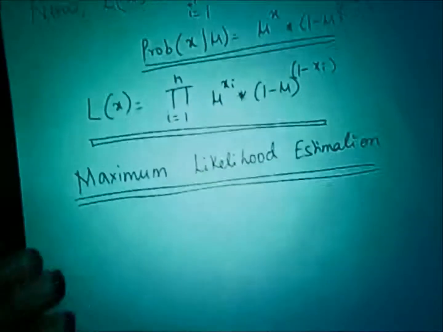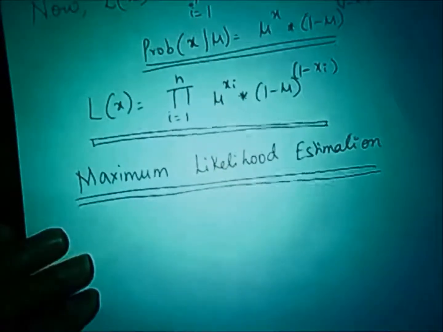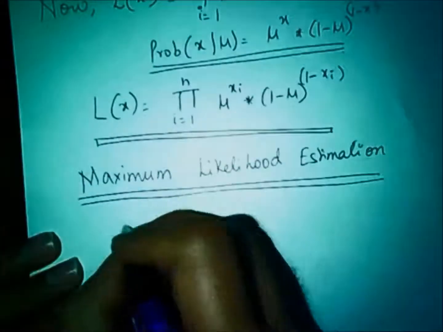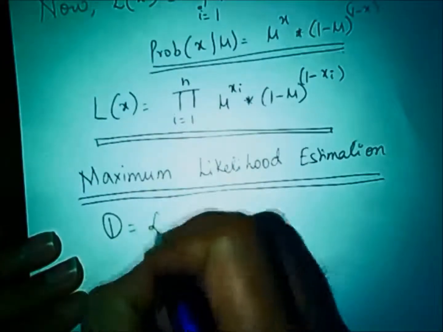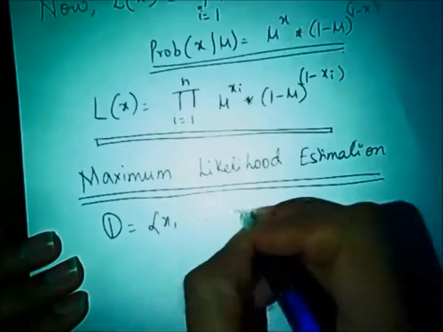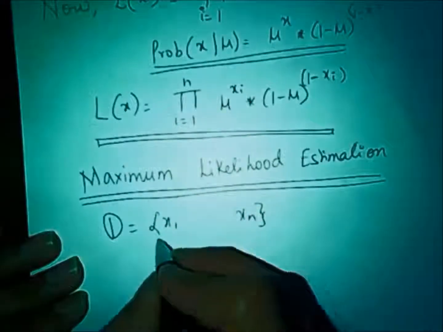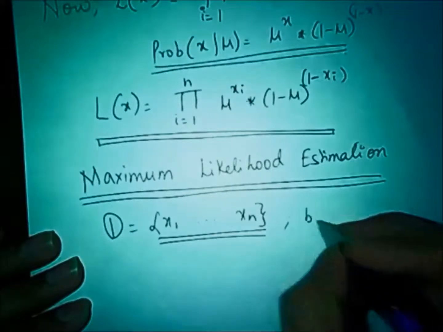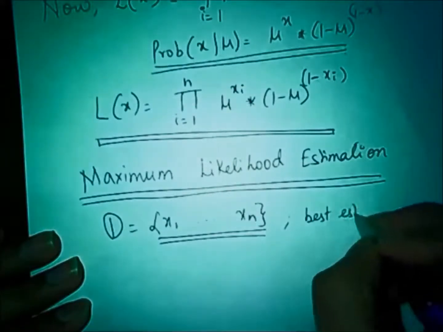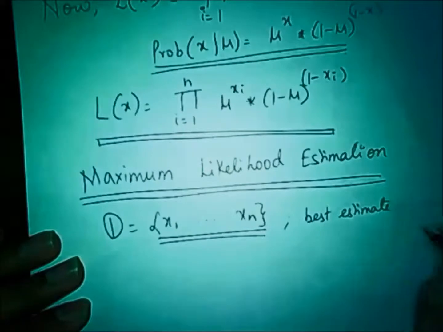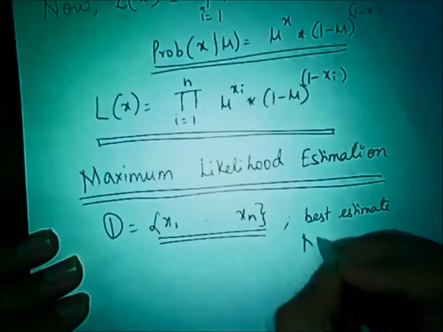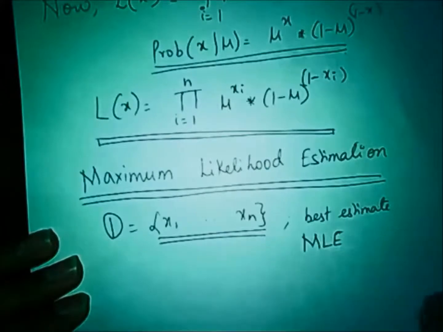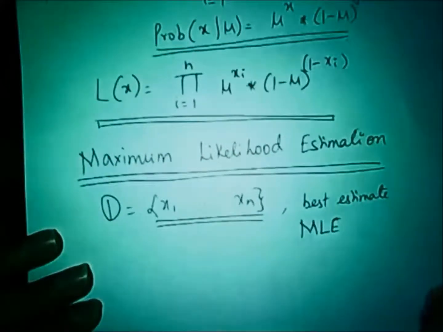The way we are going to use maximum likelihood estimation is that we have already obtained the results D, and using D we are going to get the best estimate, which as of now is going to be called the MLE estimate for us, because this is the method that we know the best now.